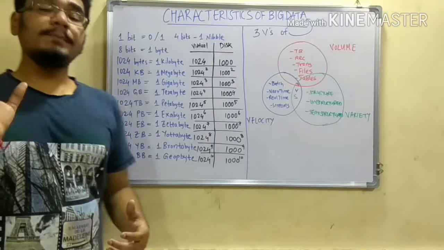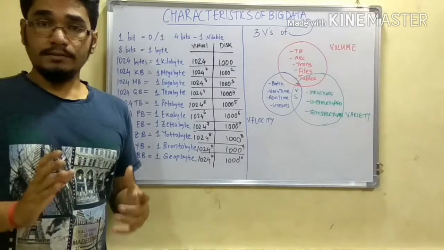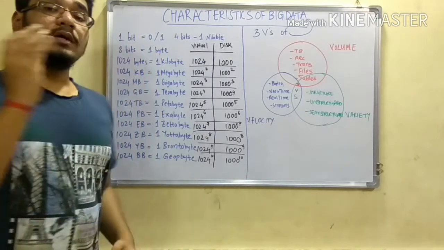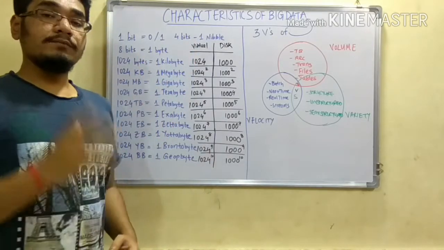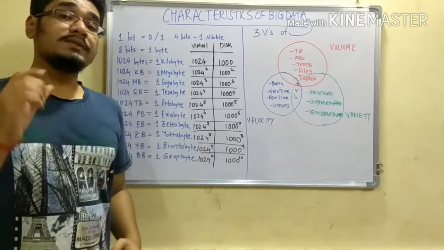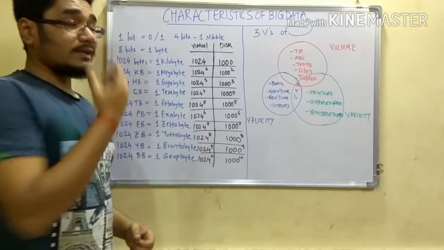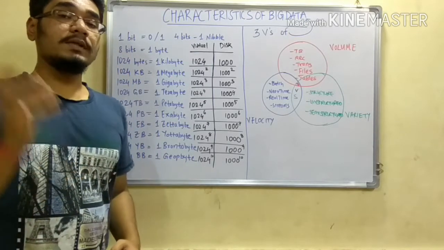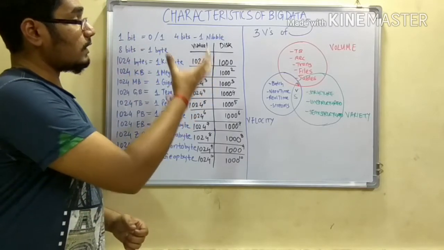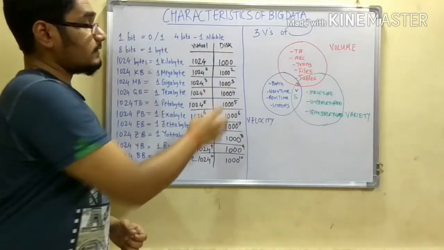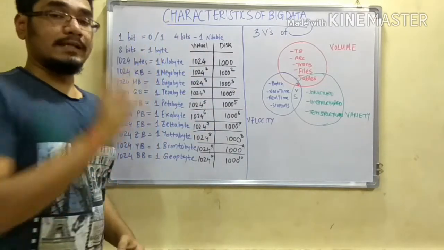Keep in mind that 2 types of measurements are used, one for virtual storage and one for disk storage. For virtual storage we use the 1024 notation, which is a power of 2, and for disk storage we use 1000, as 1 kilometer is equal to 1000 meters.